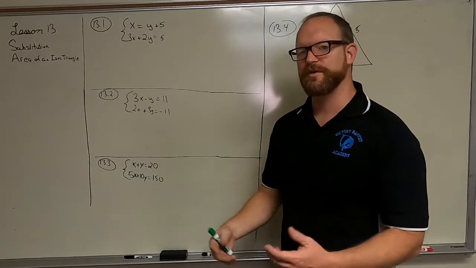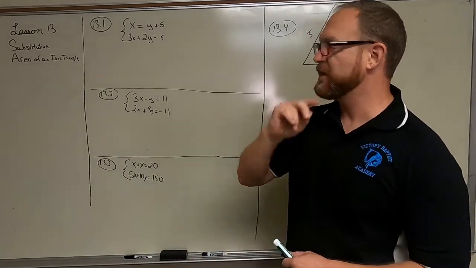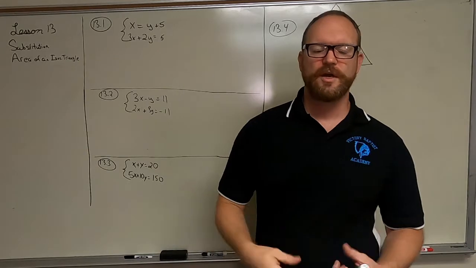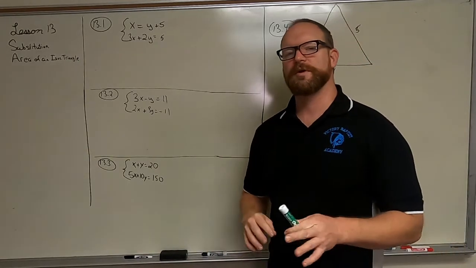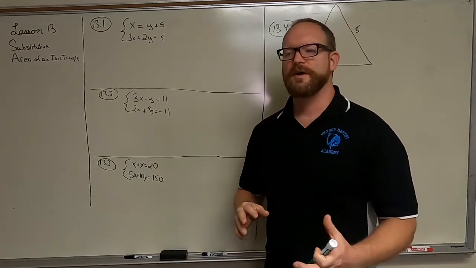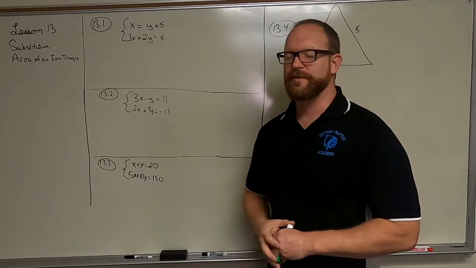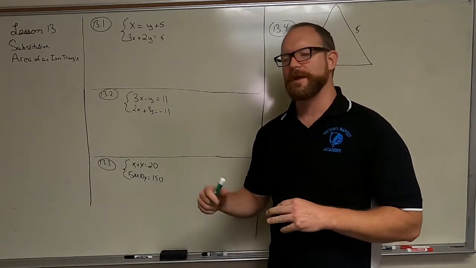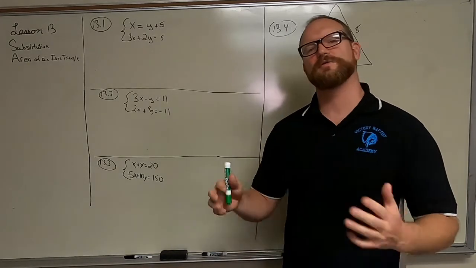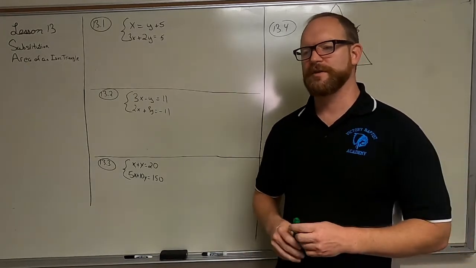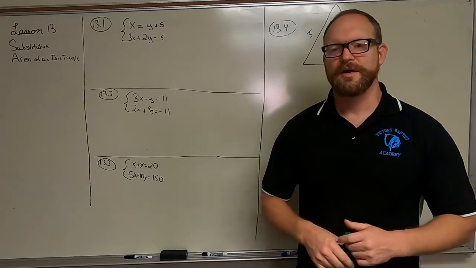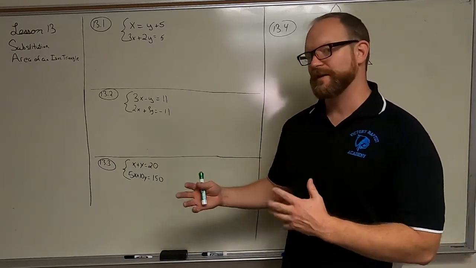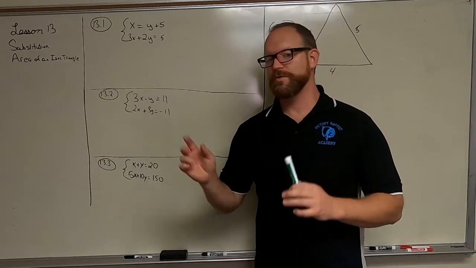Okay, so how do we solve for x and for y using substitution? Now we know what substitution is. Again, it's putting something in place of another thing. And when I hear substitution, I automatically think of a basketball game and a coach putting in somebody for somebody else. Okay, this guy is going to substitute for another guy. He's going in, the other guy's coming out. That's what we're going to do with these equations.